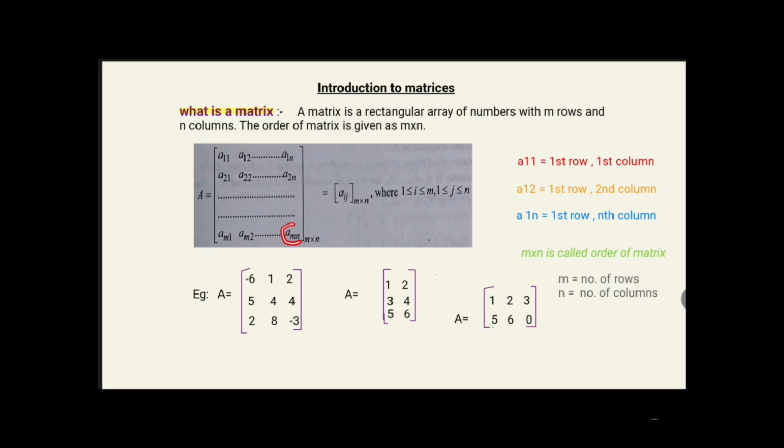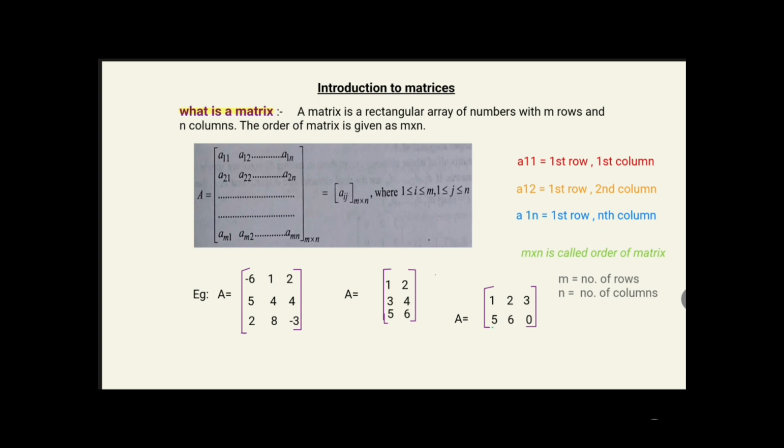And in the same way, we will define the last element, that is amn, as mth row and nth column. Now coming to the order of the matrix. The order of the matrix is given as m by n, where m is called the number of rows and n represents the number of columns.